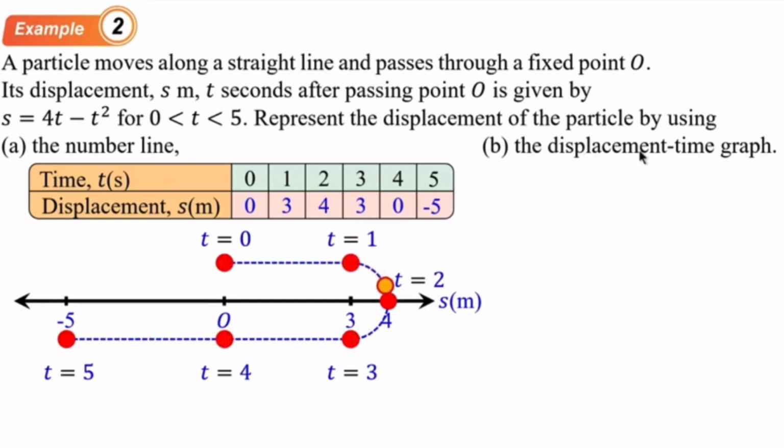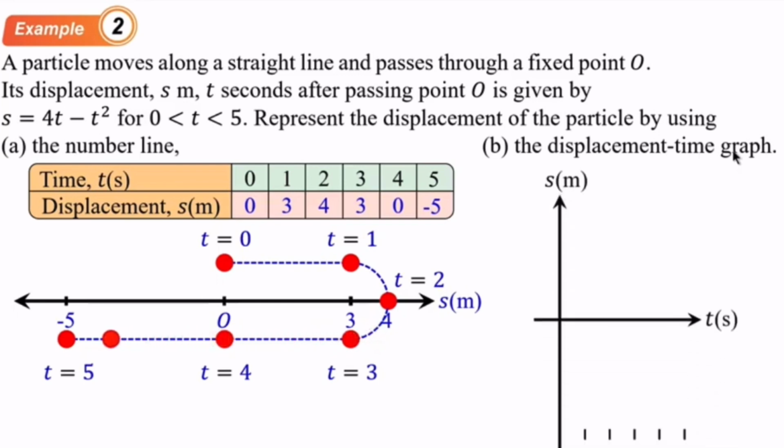Alright, so that is the real concept when we use a straight line. Now let's say we want to represent using a graph. So we have two ways of representation. One is we use the straight line because the particle moves along the straight line.